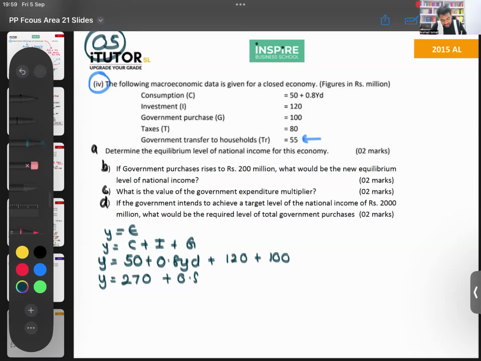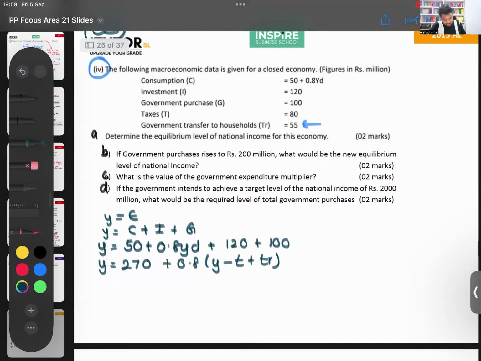Then how do I convert the YD into Y? That is Y minus taxes plus transfers. There are transfers, you add that also. So then Y is equal to 270 plus 0.8 times (Y minus 80 plus 55).